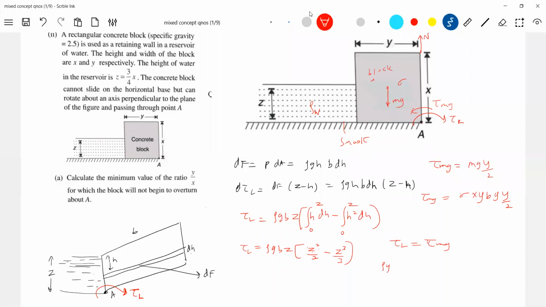So equate this to rho g b (Z square by 2 minus Z cube by 3), which should be equal to sigma x y b times g y by 2. The B we assumed will get eliminated. Substitute Z equal to 3x by 4, then we'll get a relation between x and y, the ratio y by x for equilibrium. I'll give the answer later on, you check it.